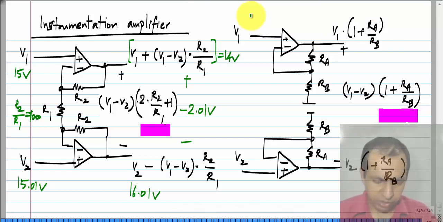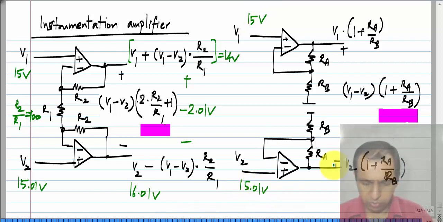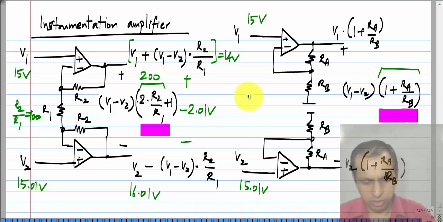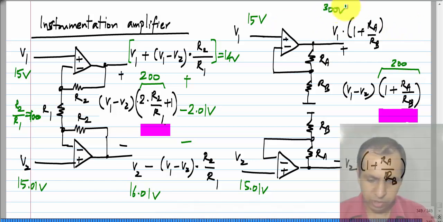Now, if we do that in this case, let us say this is 15 volts, this is 15.01 volts, and I set this 1 plus RA by RB to be the same as 2 times R2 by R1, which is 200, because R2 by R1 is 100. So, this is 200, right. So, that means that the output should be 15 times 200, which is 300 volts.